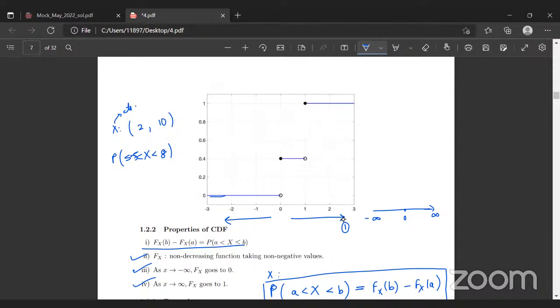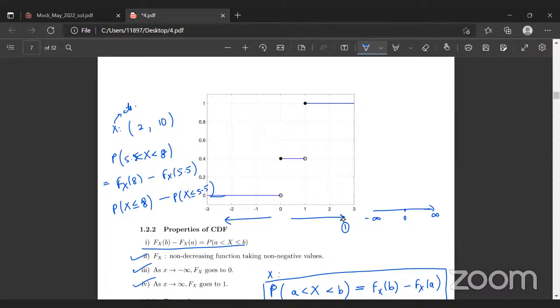The probability that X lies between 5.5 and 8 is the same as F_X(8) minus F_X(5.5). F_X(8) is the probability that X takes a value less than or equal to 8, and F_X(5.5) is the probability that X takes a value less than or equal to 5.5.